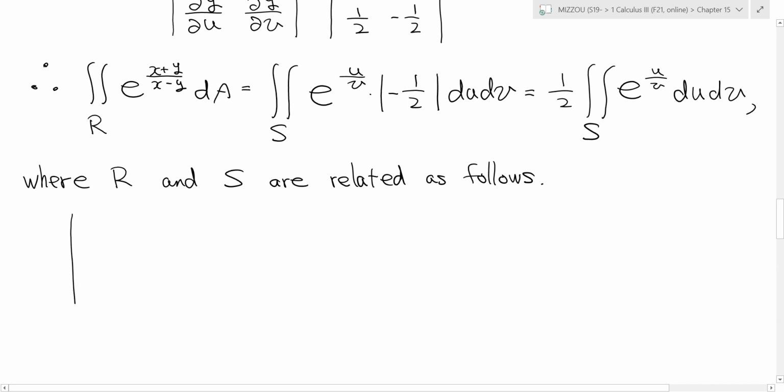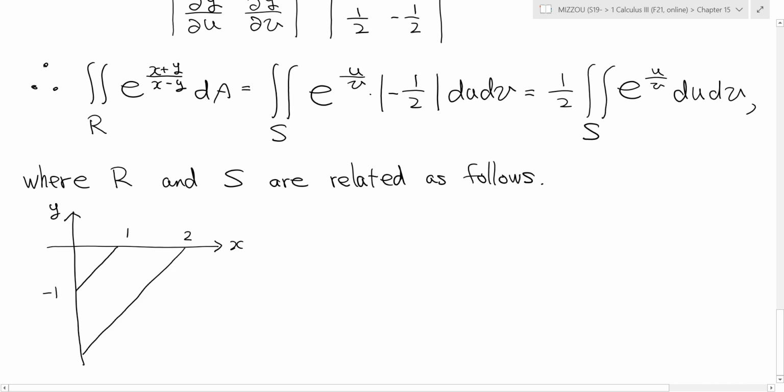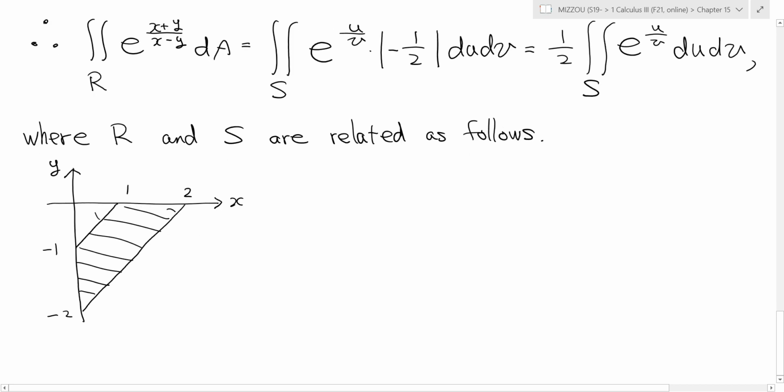First of all, let me just copy R. R was like this. And then here, this is just a line with slope 1 and intercept negative 1. And then here, y is x minus 2. And then this shaded region is our region R.